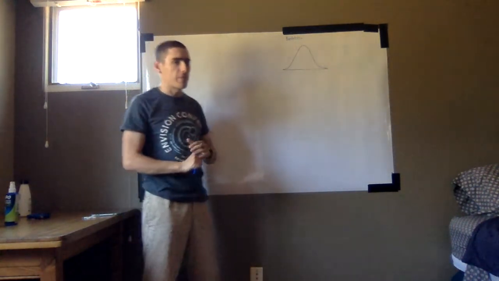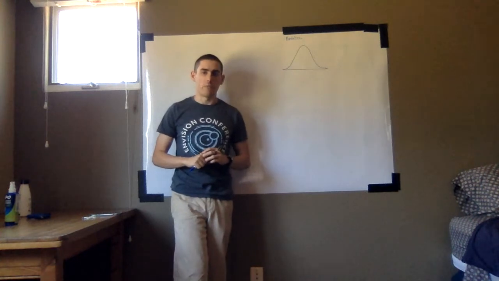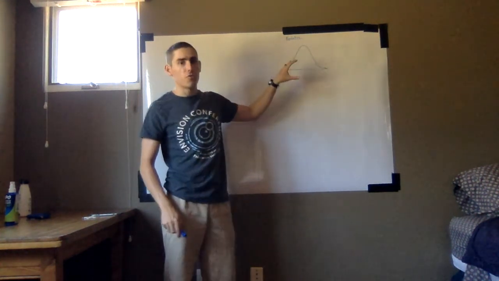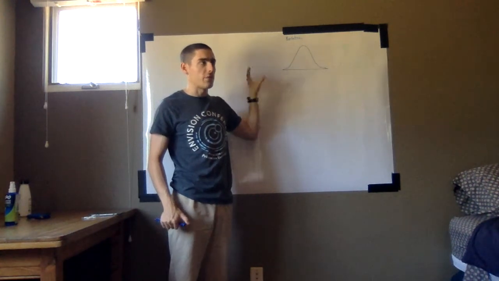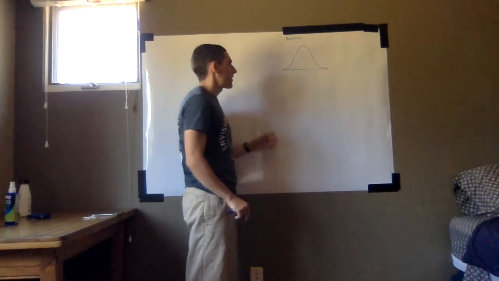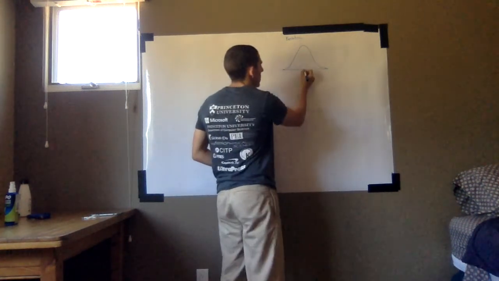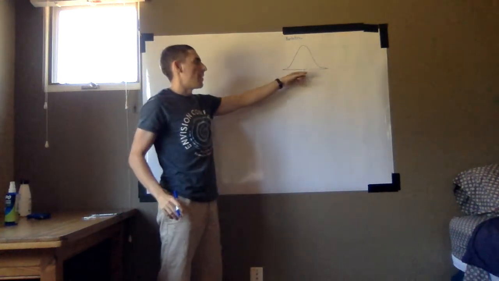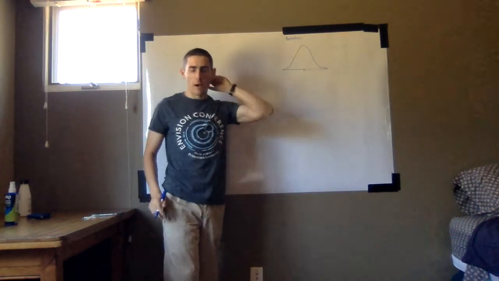And so this could be something like height. Maybe if we suppose that this is the true value, this is what it looks like if you measured the height of everyone in the United States. You get a distribution like this around a mean with some amount of spread.